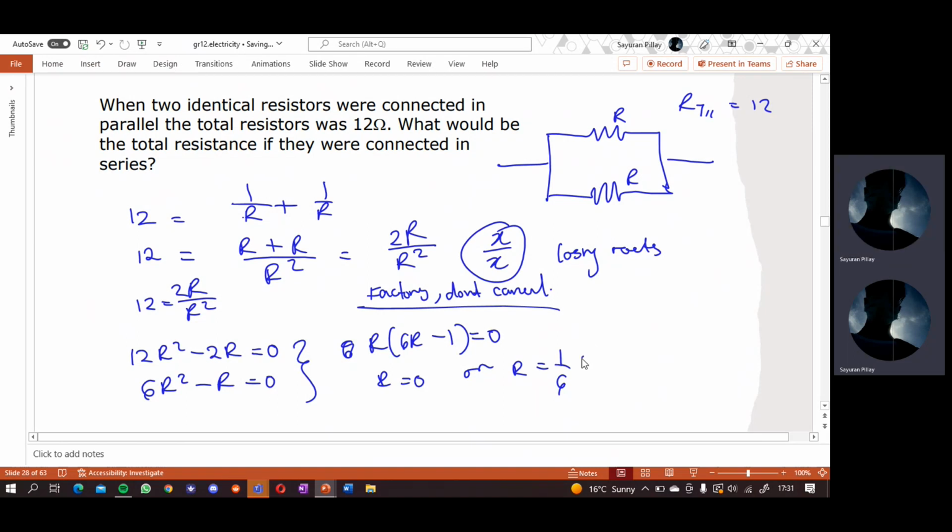And what is 1 over 6? Well, you need to find a decimal answer. 0.17, right? Make sense?